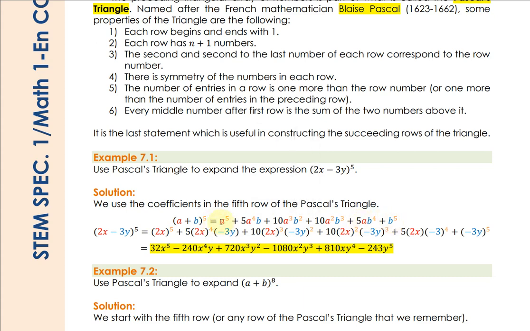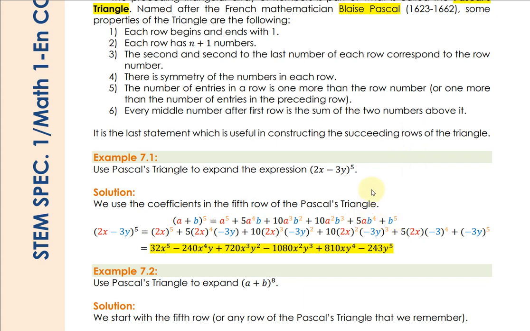So the power of our a decreases while our b increases, from 0, then 1, 2, 3, 4, and 5. Where does it end? It ends at the power given in the expression. Since the given is 5, it starts at 5 and ends at 5.